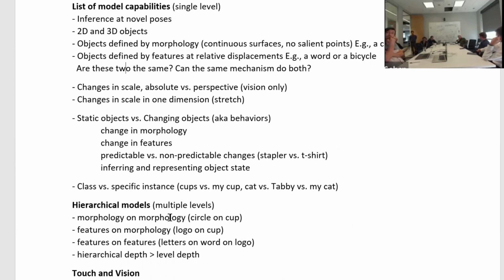And then there's another interesting question. It seems like we can go very deep hierarchically in these compositional models. And we talked about this even in, I think, the framework paper, like they could be recursive. But you have to be able to do this in a finite number of levels in a hierarchy. So I can imagine, okay, a bicycle's got a wheel, and the wheel's got a tire, and the tire has a stem, and the stem has a screw hole, and the screw hole has a valve, and the valve has a little piston I push on.